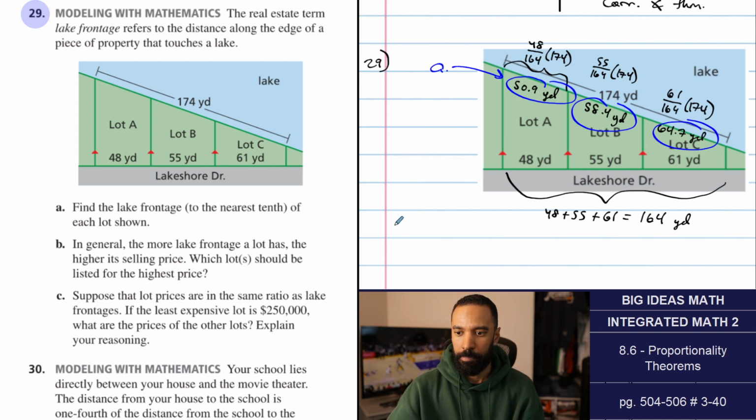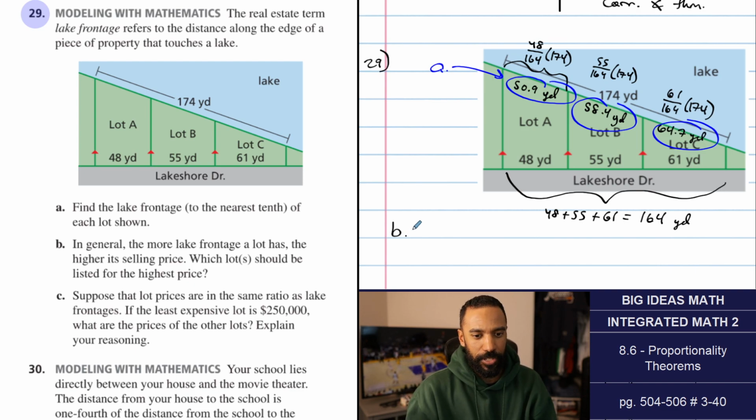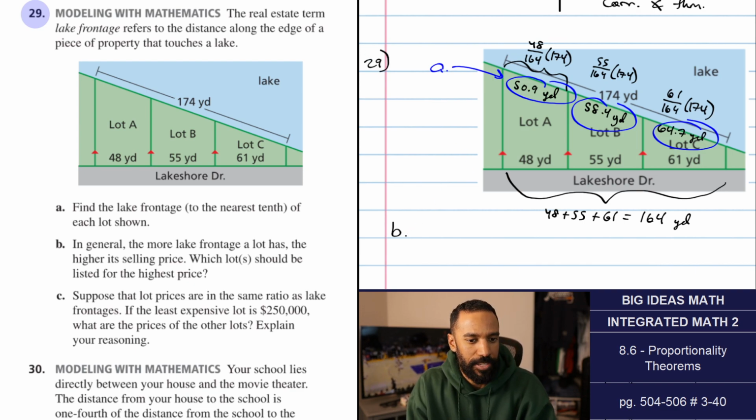Okay, part B. In general, the more lake frontage a lot has, the higher its selling price. Which lots should be listed for the highest price? Well, lot C should be listed for the highest price because it has the most lake frontage.